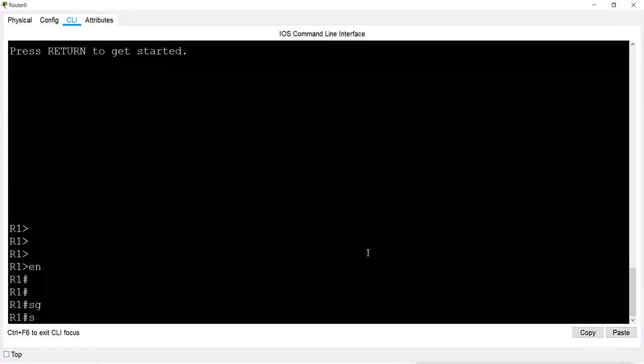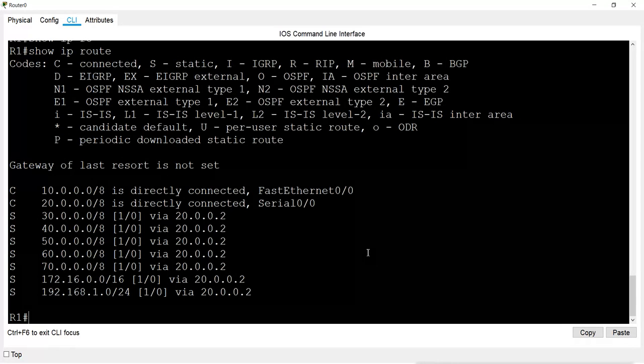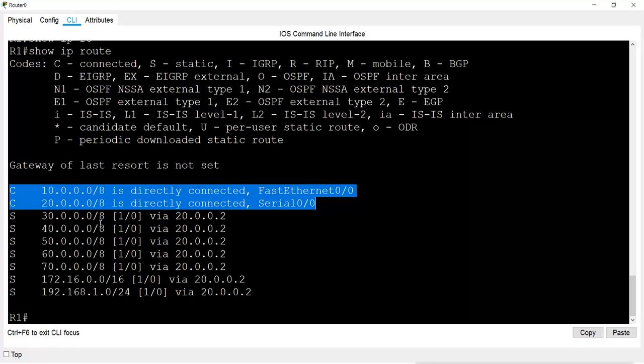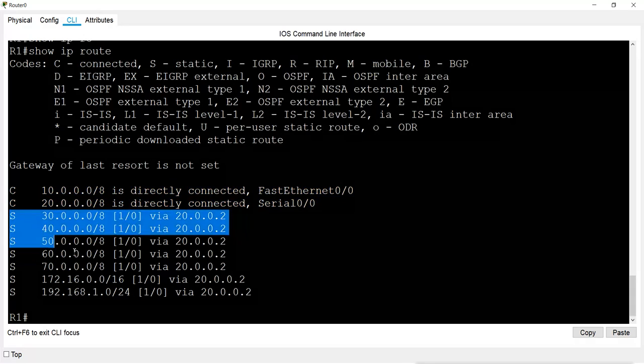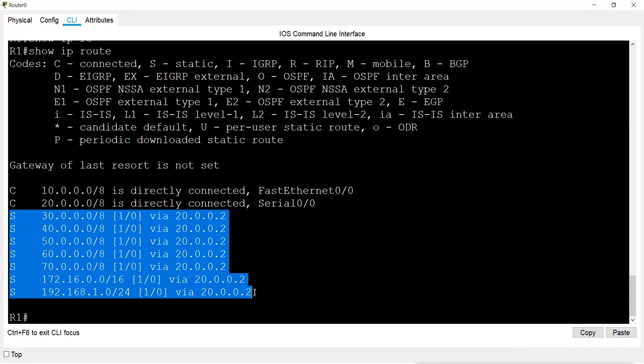For example, in this first router, if you check show ip route to get the routing table, these two networks are connected directly. All these other networks I have added manually, one by one.